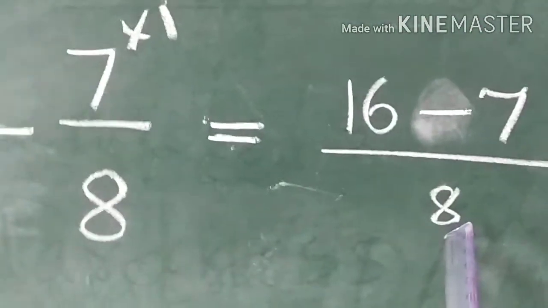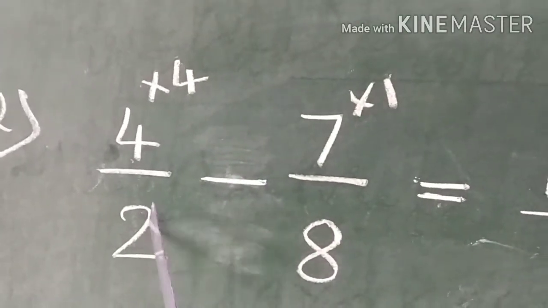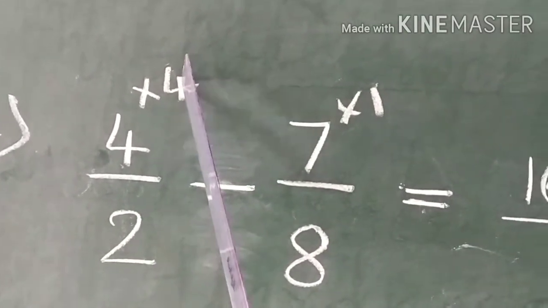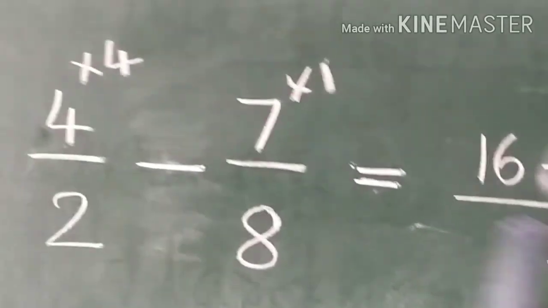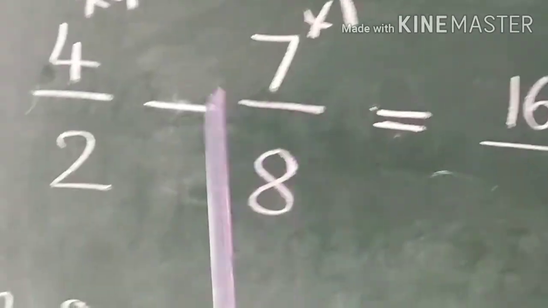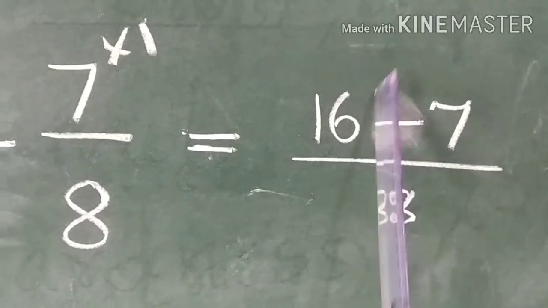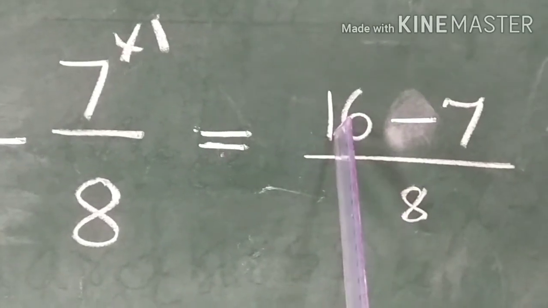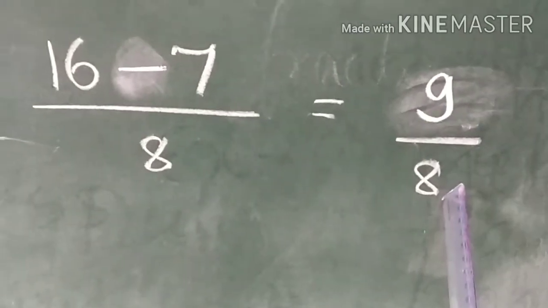Now keep 8 in the denominator part and multiply it by the denominator. 2 4s are 8, 8 1s are 8. So 4 4s are 16, 7 1s are 7. Here it is minus. Therefore we are taking the minus sign. 16 minus 7 is 9 by 8.